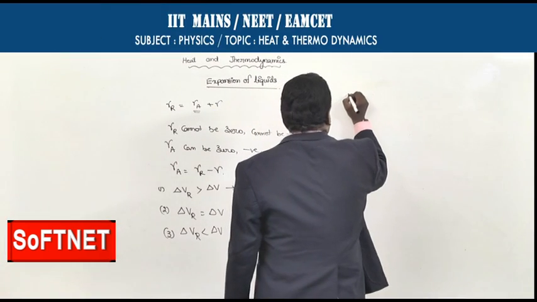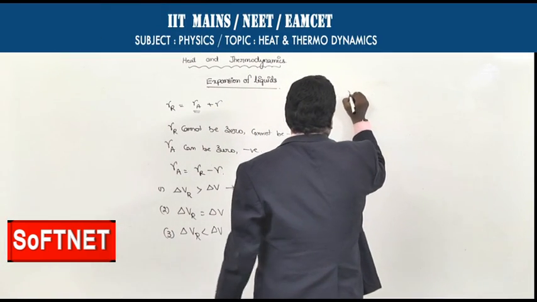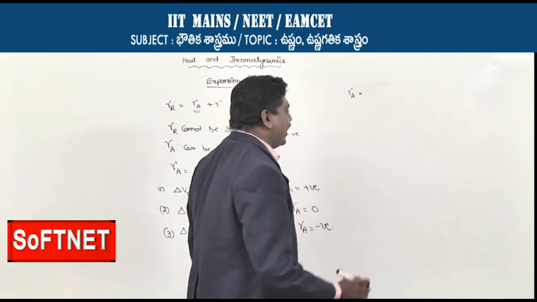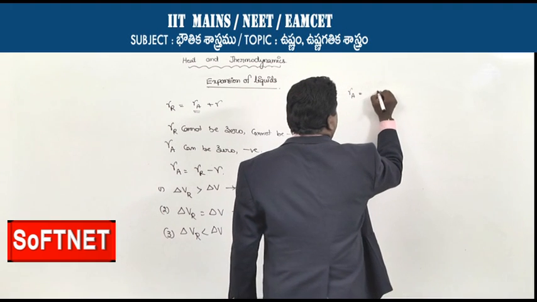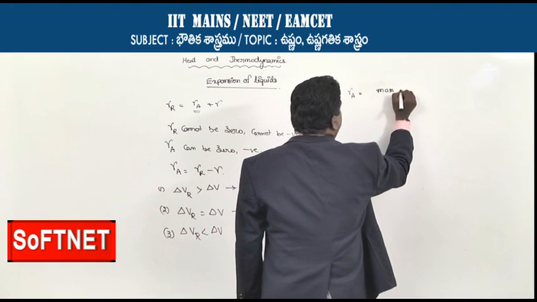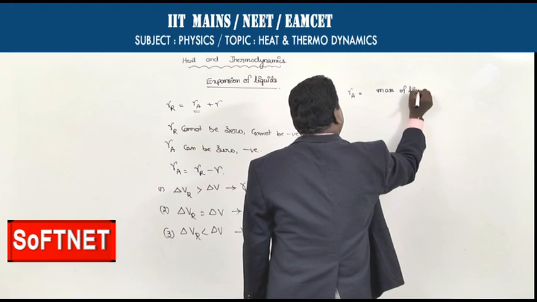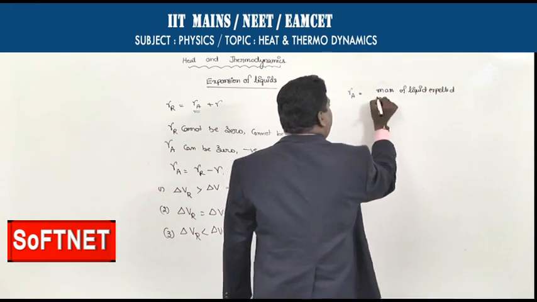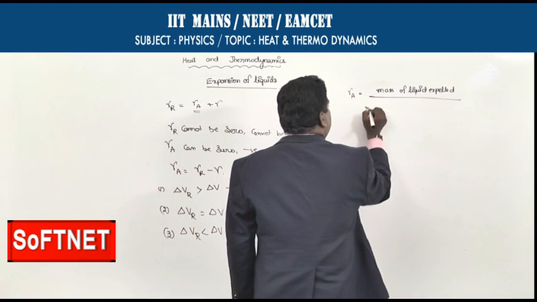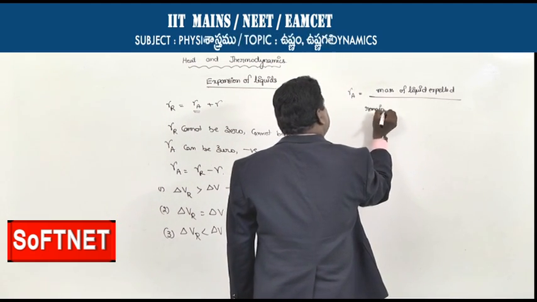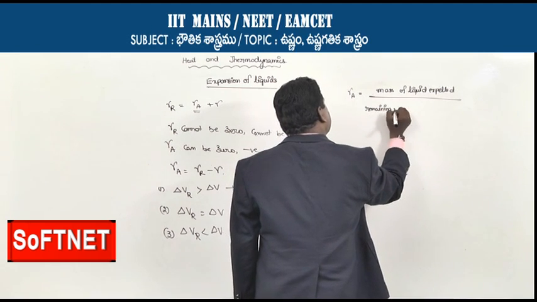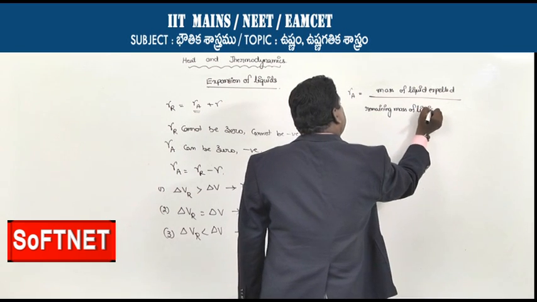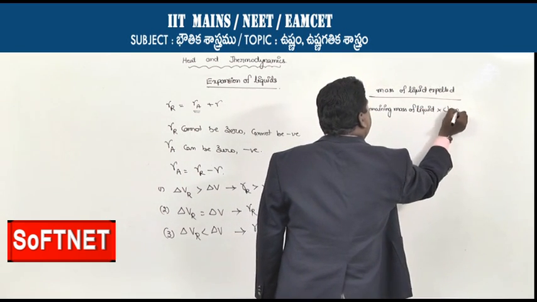For determining the coefficient of apparent expansion of liquids, we use a formula: gamma A equals mass of liquid expelled, by remaining mass of liquid into change in temperature.